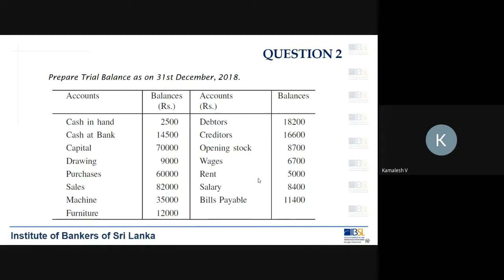Going through the items, first you will mark all these, whether it is asset, liability, income or expense, and then you have to see where you have to put this, in the debit column or the credit column. When you do that, you should have the debit total agreeing to the credit total.